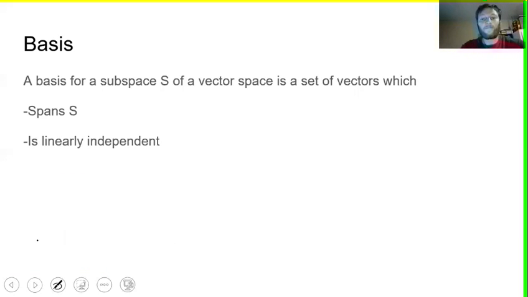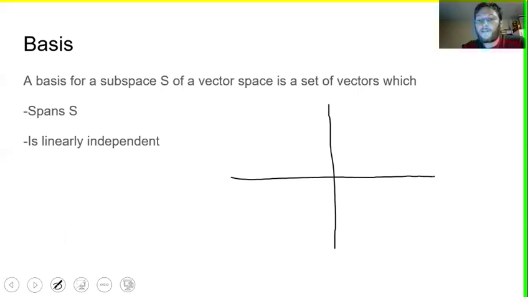So let's say that in R2, if we want a basis for R2, here's the plane, a set of 3 vectors cannot be a basis for R2, right? Because we might have this vector, and this vector, and this vector, and we want to get a basis out of them.